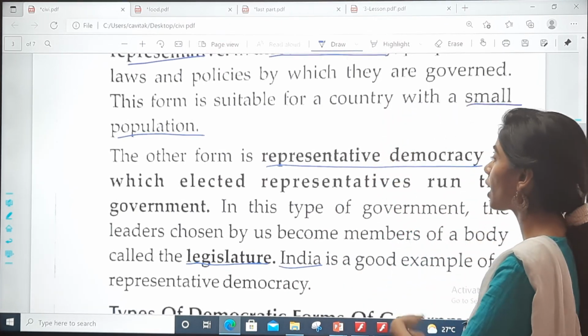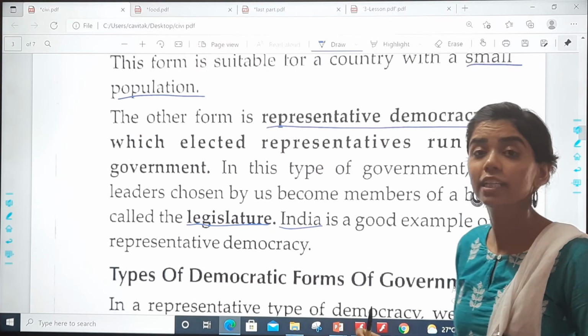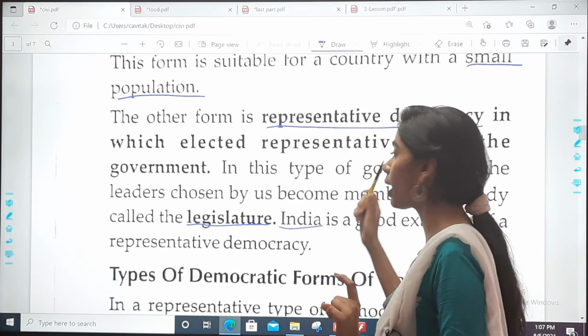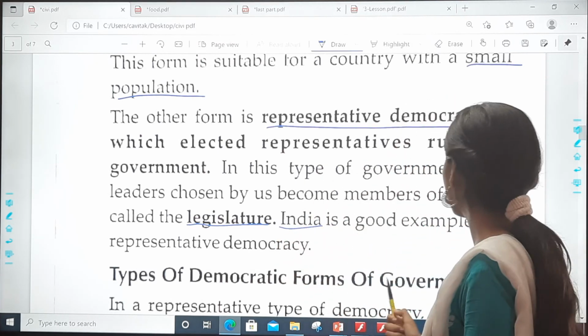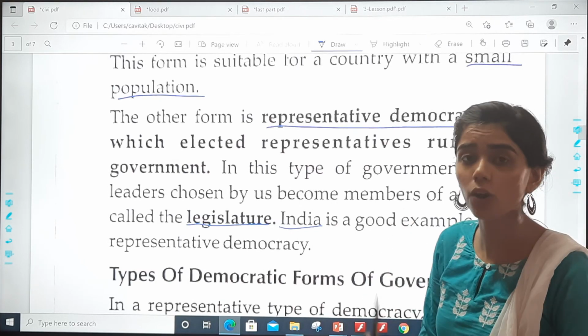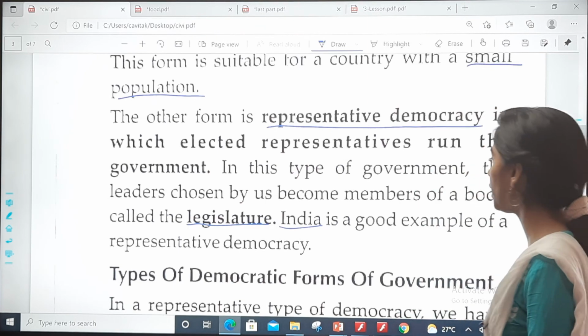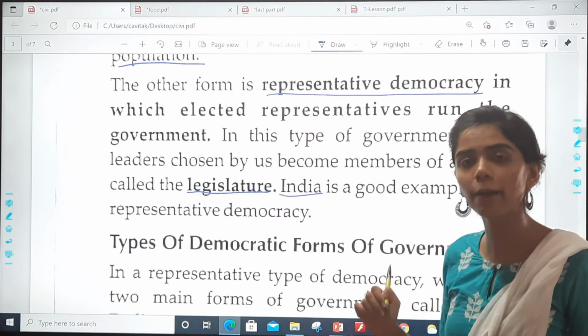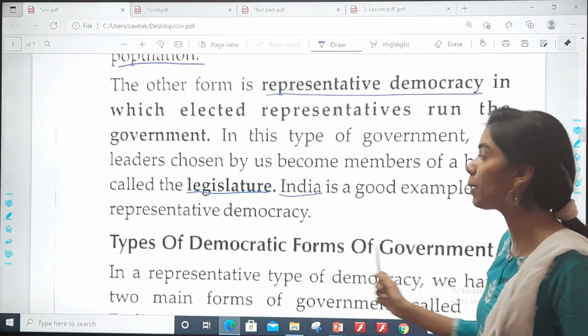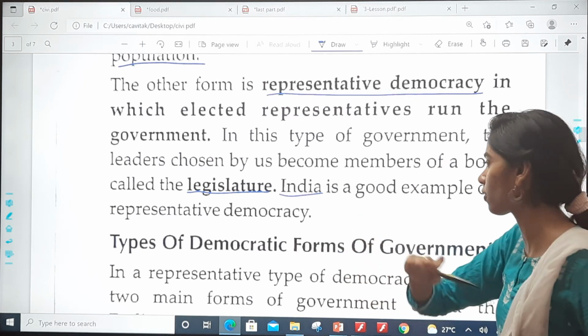Okay, now this type of government, the leaders chosen by us become the members of a body called the Legislature. Now, India is a good example of a representative democracy.